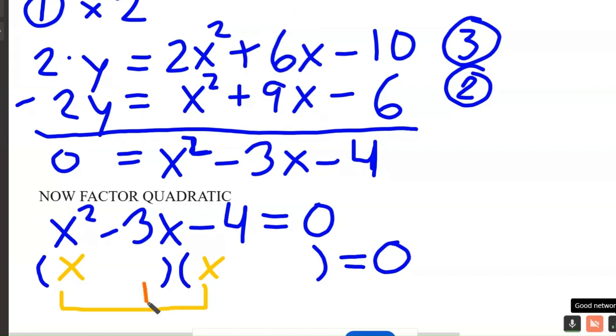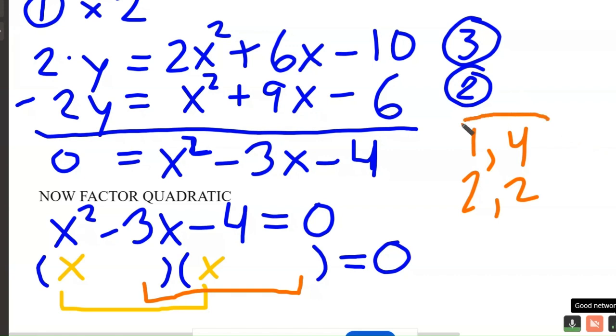Last terms, well, the last terms need to be such that when multiplied together, you get a negative 4, and when added together, you have a negative 3. Two choices really we can use here, either a 1 and 4 or a 2 and 2, where one of the two numbers for each pair is negative.